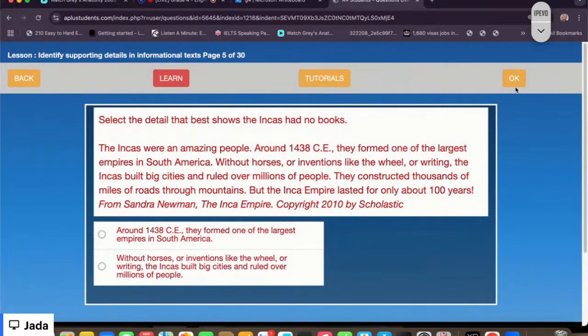Select the detail that best shows the Incas had no books. So this was in a tutorial, but you can tell me what you think the answer is here.